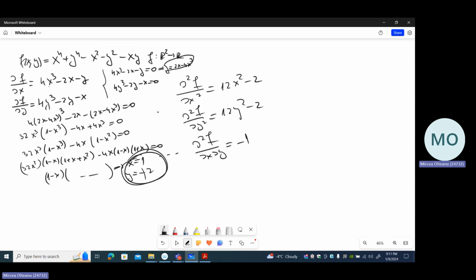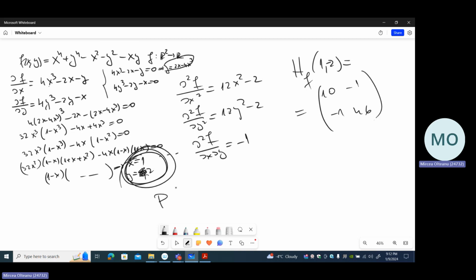At the point (1, minus 2), we have the following Hessian matrix: 10, minus 1, minus 1, 46. This is the Hessian matrix.